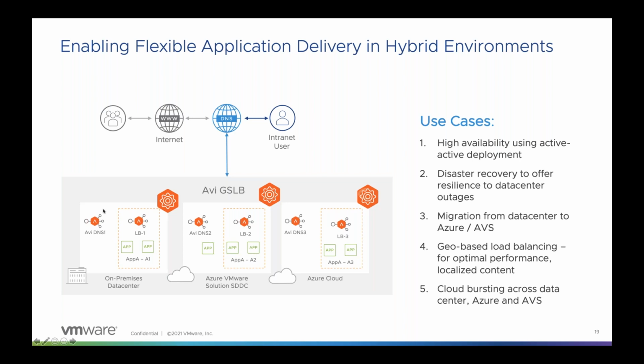What you could do is ensure that you have Avi running as a local load balancer. In addition, the Avi GSLB service could be used so that it provides you with an active-active approach to load balancing. So let's say a customer comes in, and based on the geography, if they're in the United States, they could come to the on-premises data center, which is in the US.